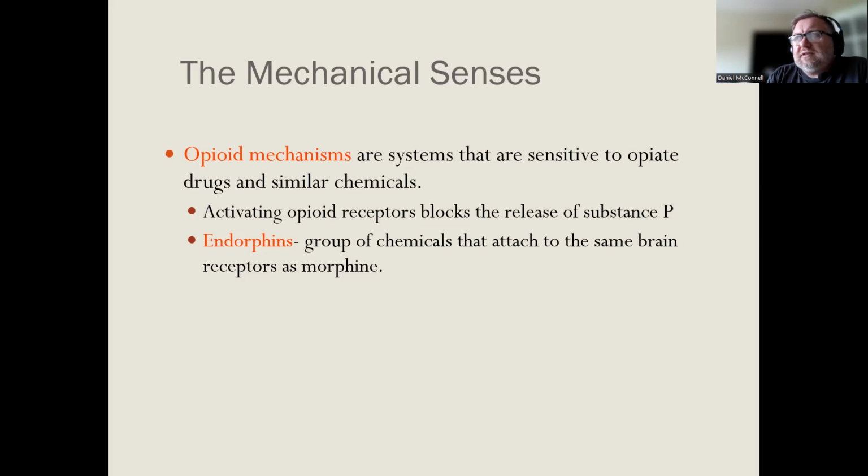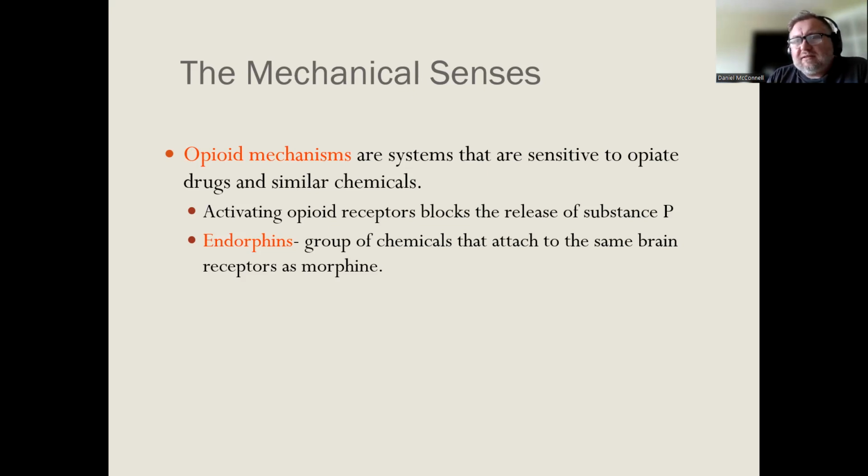These are referred to as opioid mechanisms because of the idea that there are endogenous opioids, right? These endorphins, these neurotransmitters and hormones in the body, have a very similar molecular shape to opiates like morphine and heroin. Once we release these endogenous opioids, they activate the opioid receptors.